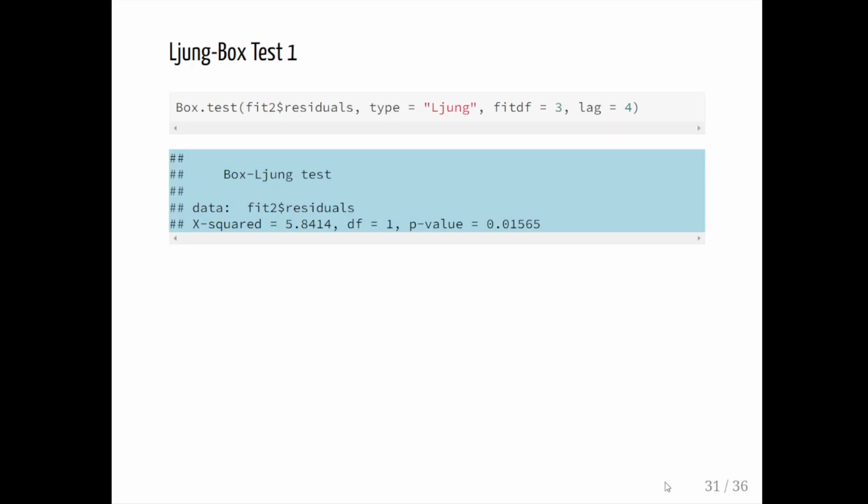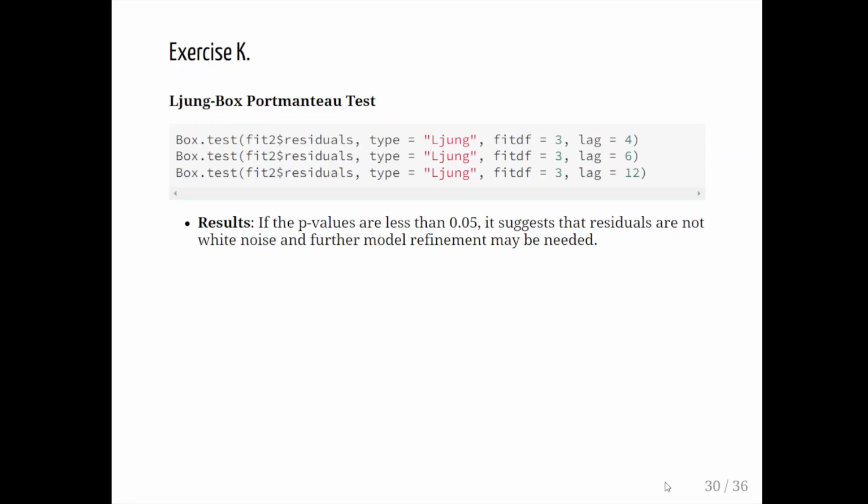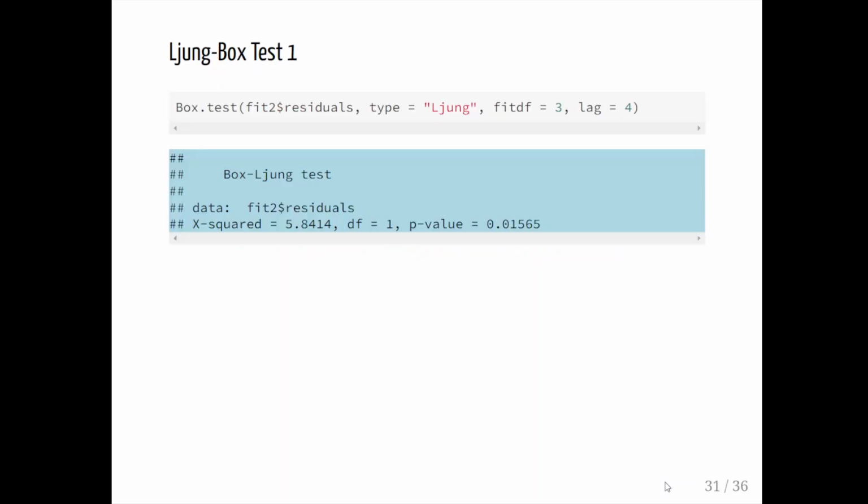And the p-value there is 0.01565. Okay, let's just go back there a second. If the p-values are less than 0.05, it suggests the residuals are not white noise and further model refinement may be needed. So we have come across this eventuality, so we do need to carry out some further model refinement. Let's see what the other two tests give us.